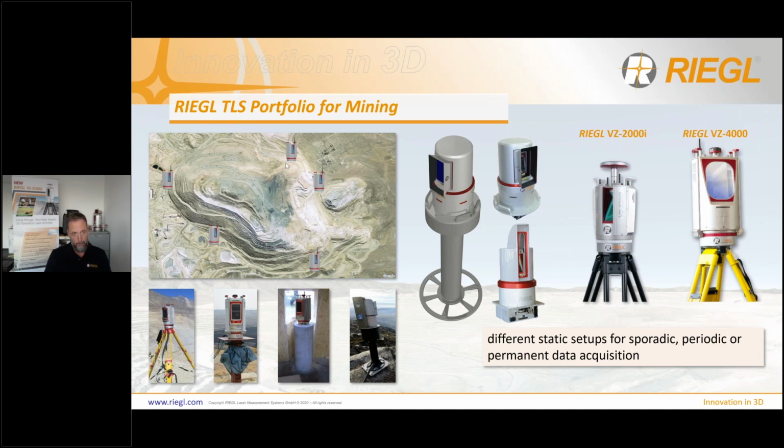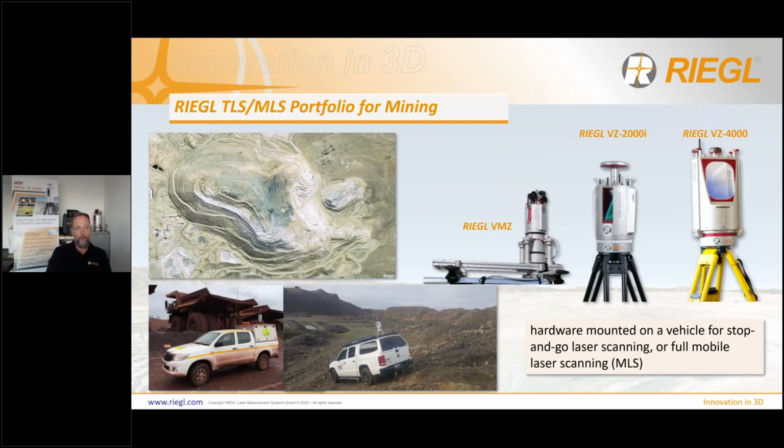But now with the new VZ-2000i, this is an extremely fast scanner. It can do a single full 360-degree scan within 30 seconds. So more and more customers are not only doing these few scan positions, they do what we call stop and go scanning.